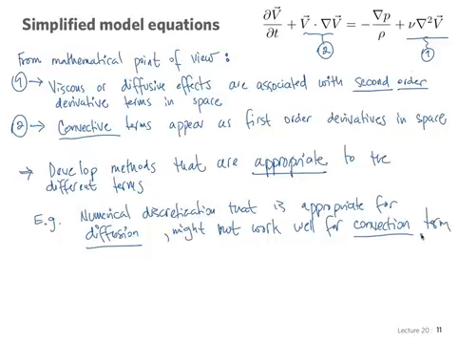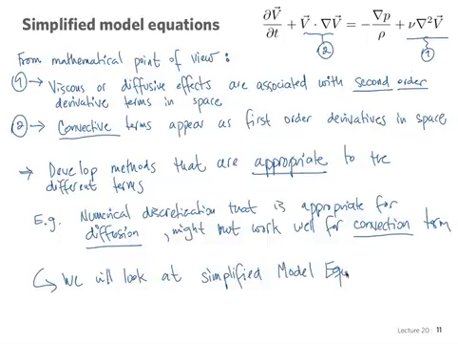And so, for that reason, we will look at simplified model equations that contain just one of these effects one by one, so that we can understand the properties of the discretization for convection, and separately the properties of the discretization for diffusion, and then we know that in the Navier-Stokes equation we're going to have all of these things together.